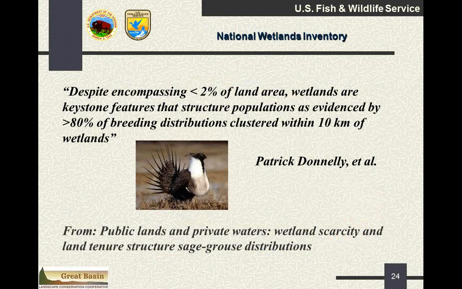One of the things that came up in the beginning of this project was talking about the need for new data. Patrick Donnelly did a study, more of an automated remote sensing study, that came up with this quote: despite encompassing less than 2% of land area, wetlands are keystone features that structure populations, as evidenced by greater than 80% of breeding distribution clustered within 10 kilometers of wetlands.